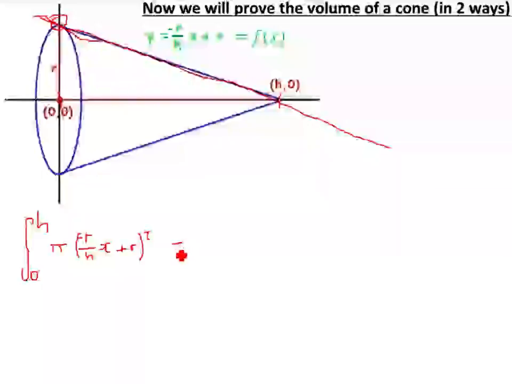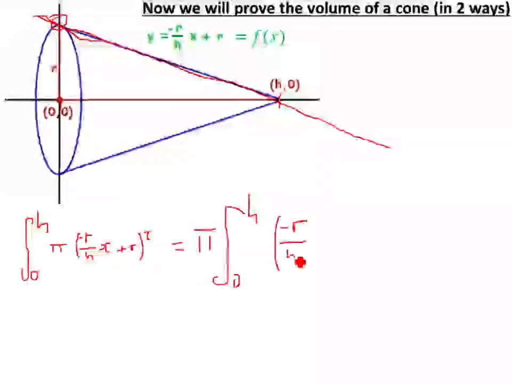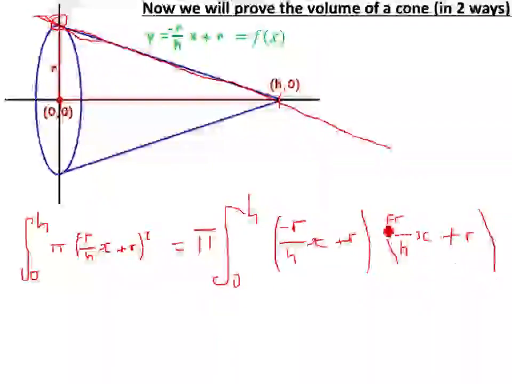So now this equals pi times the integral of a complex quadratic. But that's okay. Divided by h x plus r. I'm not sure if I covered quadratics. I think I did though. But at least you'll be able to go off and solve it.